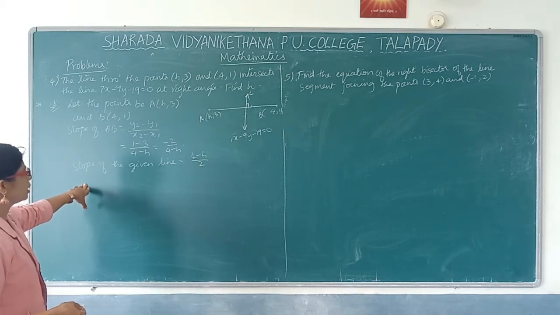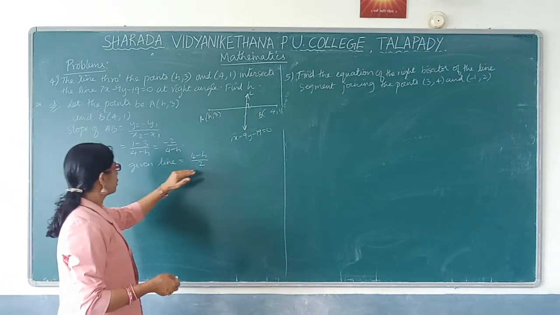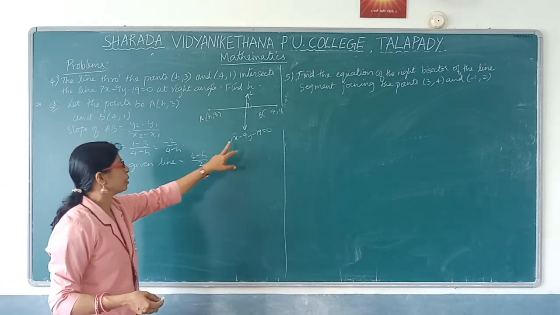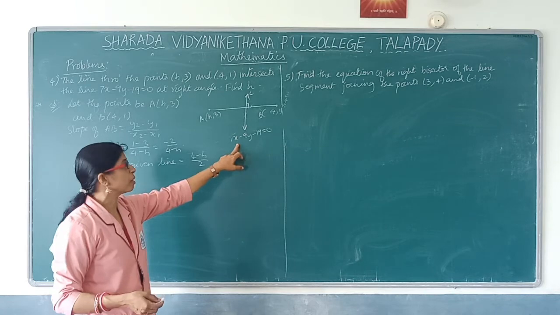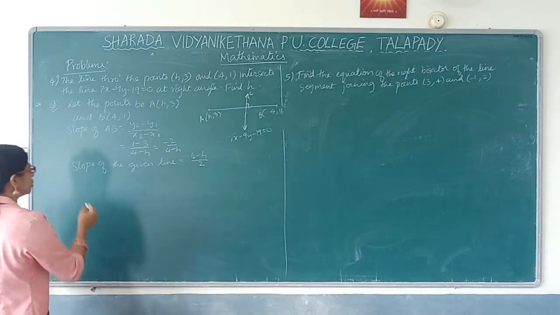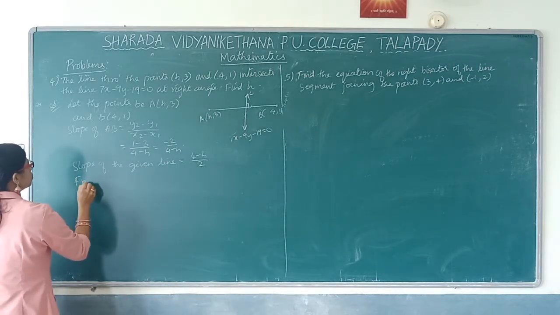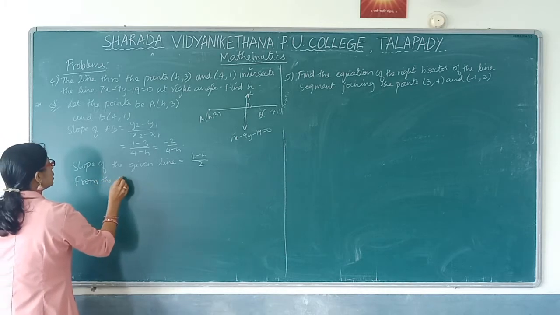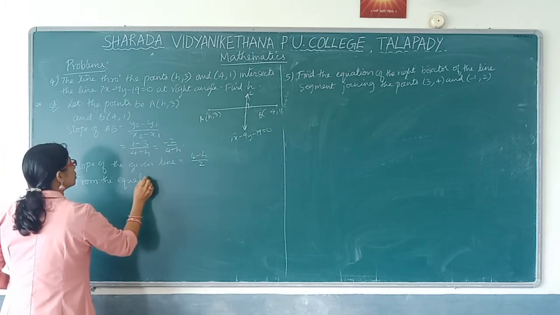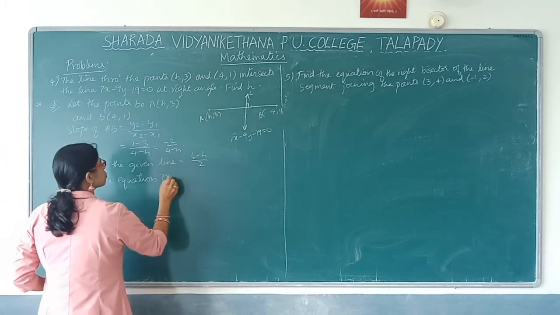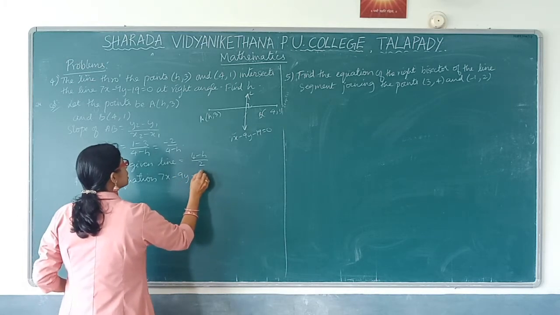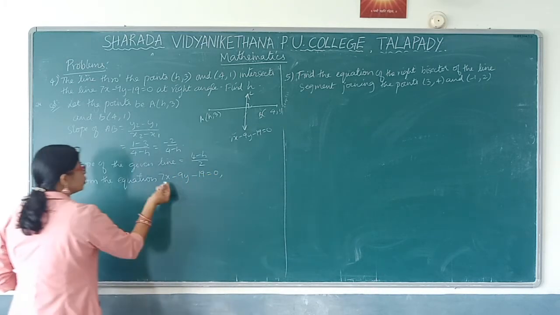We have only coordinates. The slope of the given line is 4 minus h by 2. But from the equation 7x minus 9y minus 19 is equal to 0, we can find the slope of this line.